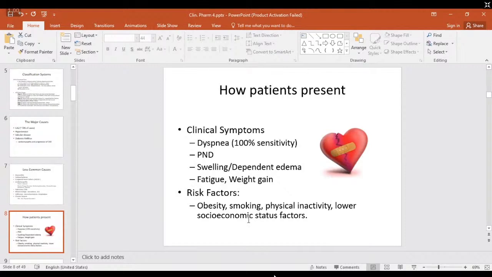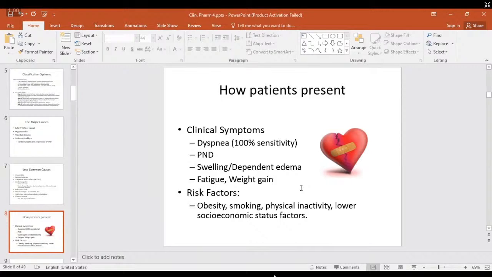How patients present, they usually have dyspnea and fatigue. These are the more common presenting symptoms, and again they can have edema in the lower extremities usually, especially if it's pitting edema, and they have a weight gain, which is not explained by diet.